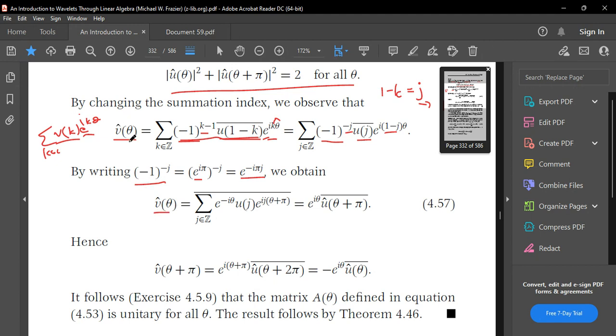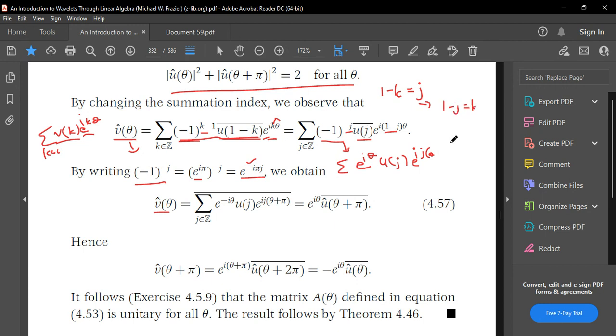We now obtain v cap of theta as summation j belongs to Z, minus 1 raised to minus j, e raised to minus I pi j, e raised to I theta, u of j, e raised to I j theta, whole conjugate.